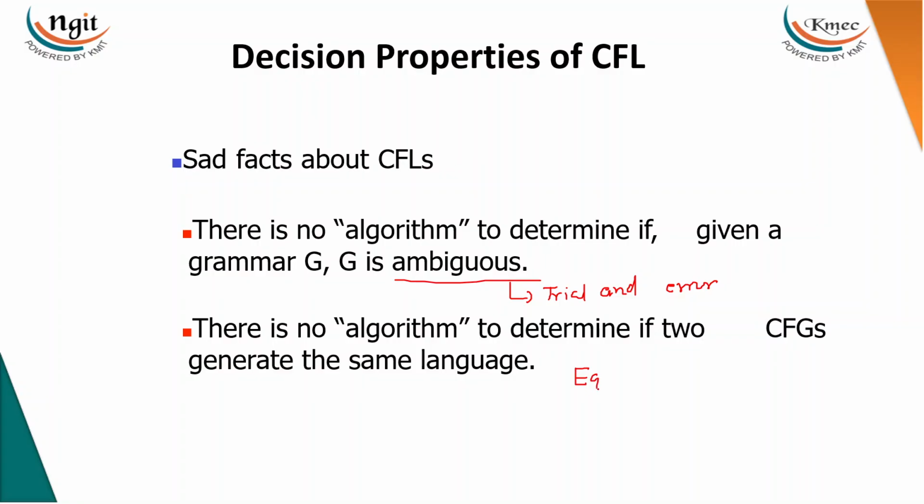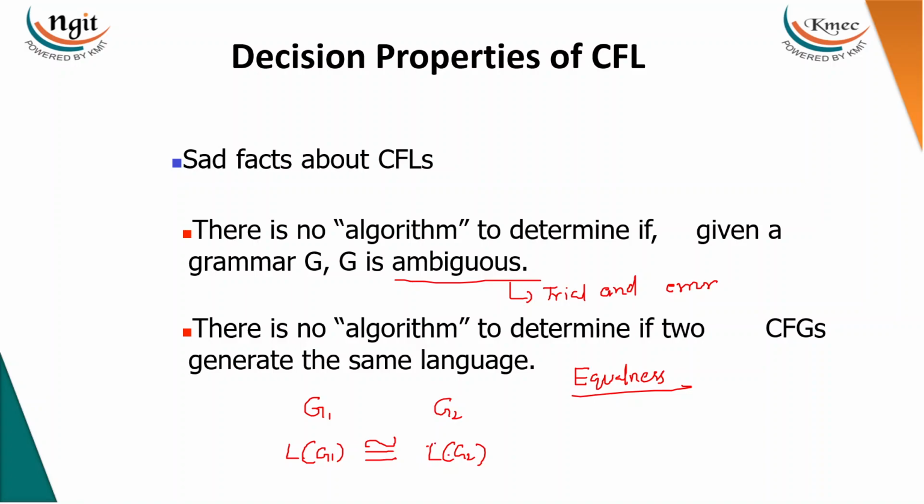Another one is equalness. For example, we have two grammars, G1 and G2, which generate languages L of G1 and L of G2. We want to check whether the languages generated by these two grammars are the same.